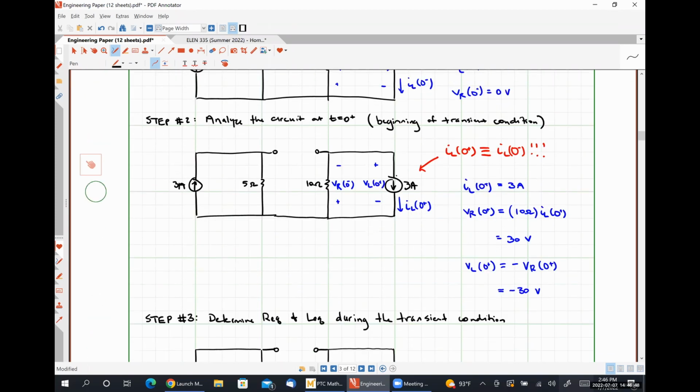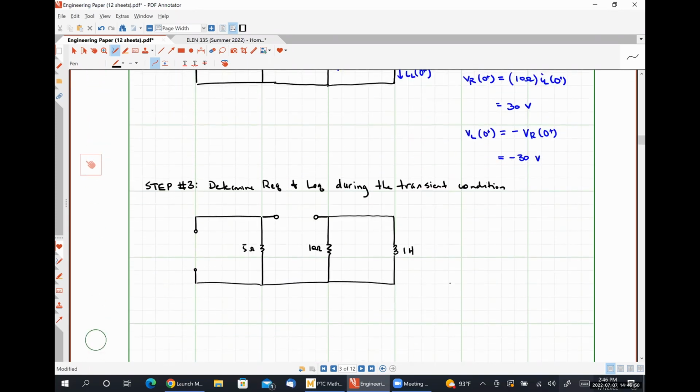All right, so if we want to find the equivalent resistance with respect to the inductor, what do we need to do? So I'm just going to write here, dead network during transient condition.